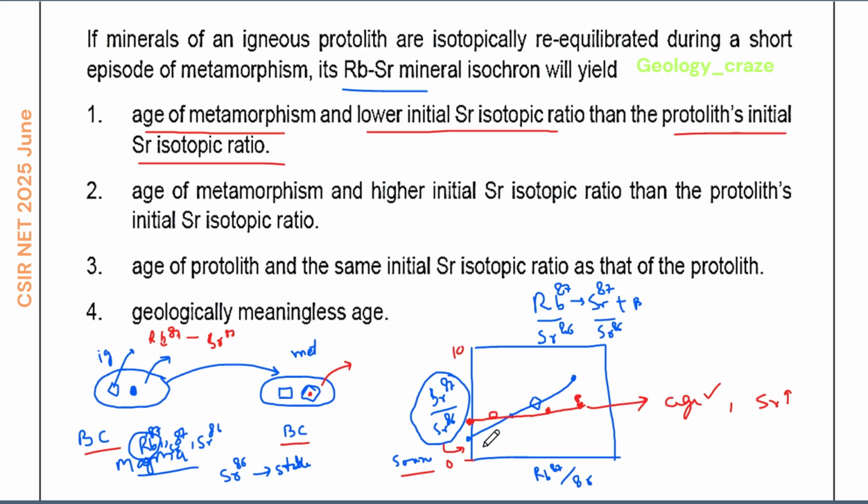So from the source, this metamorphic event has a higher value of Sr 87 by 86. You understand why this Sr 87 is increased. Within the igneous rock it is already there. Due to this decay of Rb, this Sr value is increasing, and now again that rock is metamorphosed and new minerals are forming. With respect to that, Sr is getting into it.